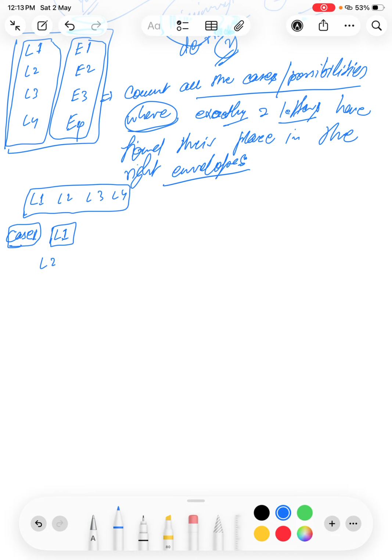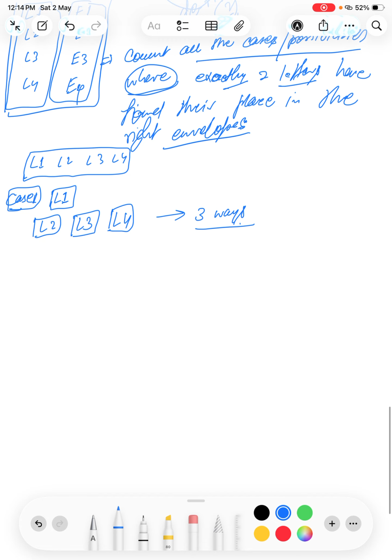So along with L1, it could be L2, it could be L3, it could be L4. So you have 3 ways here. Next case I am considering L2 is in the right envelope.